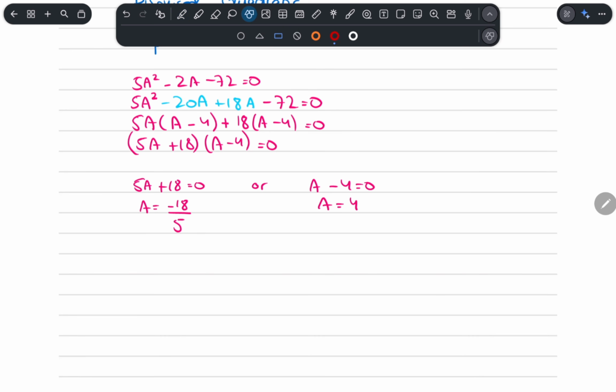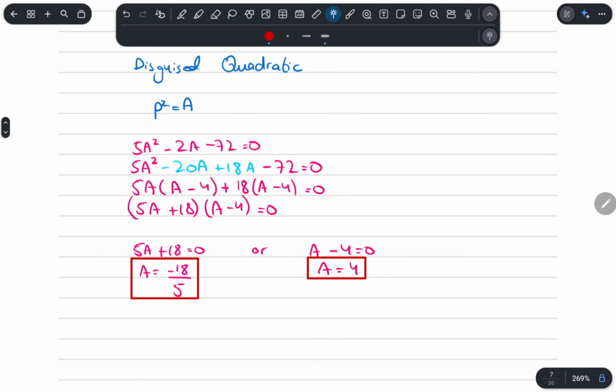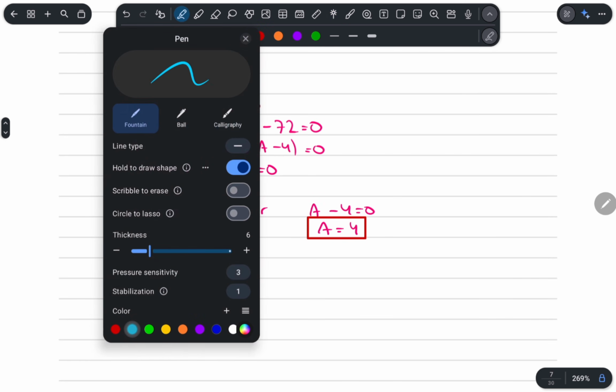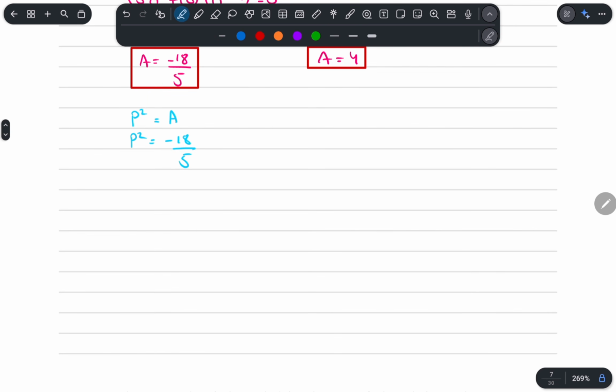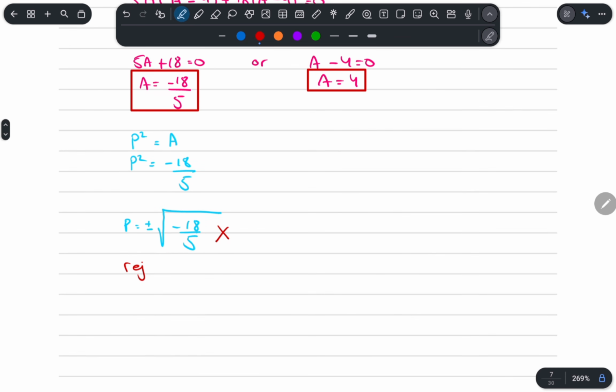Don't make the mistake of putting this as your final answer, because we made a substitution. So we need to solve for p, not a. Let's reintroduce the substitution. p squared equals a, p squared equals minus 18 upon 5, p equals plus minus under root minus 18 upon 5, and this will be rejected because this does not have any real values.